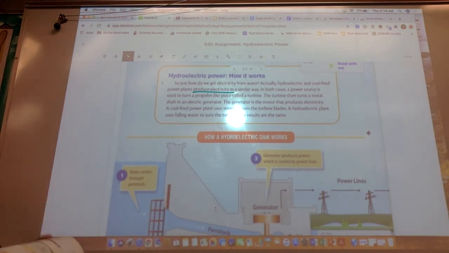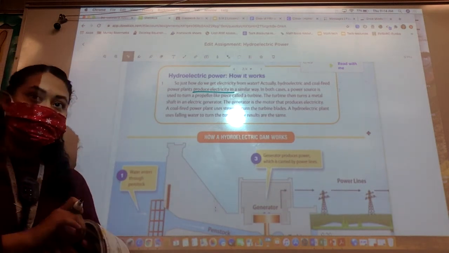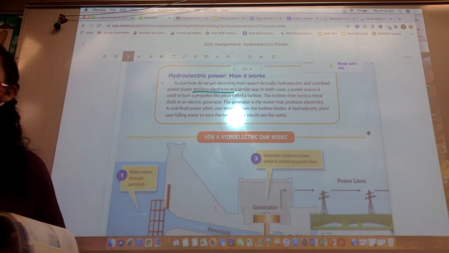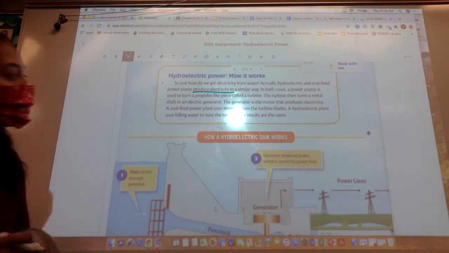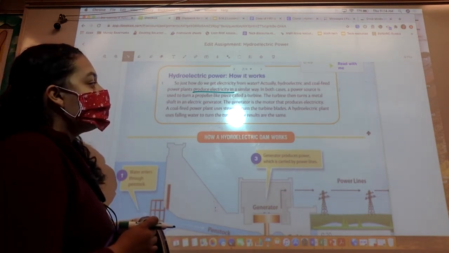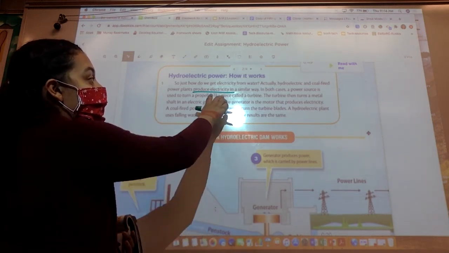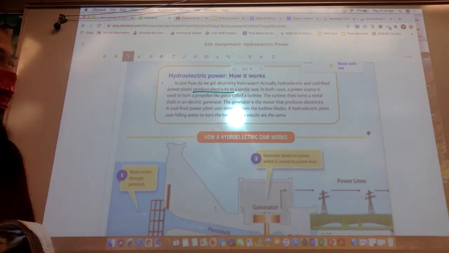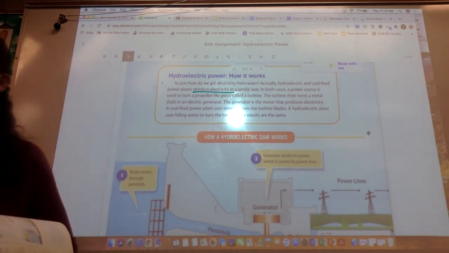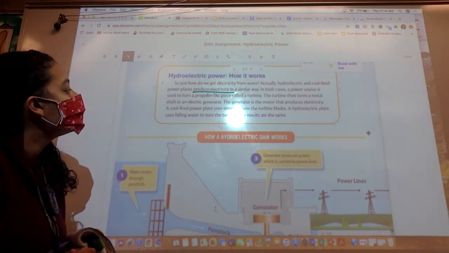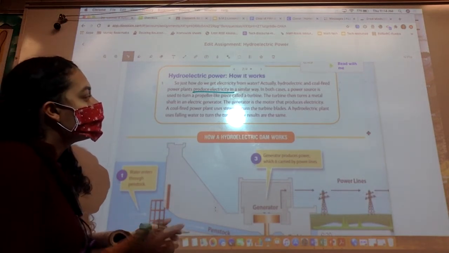A benefit is something good that you get out of it. Wait, which one, Dylan? Get electricity from water. Yeah, so we already said that it produces electricity. Okay, can we find any other ones then? It uses falling water to turn the turbine, which powers the generator.